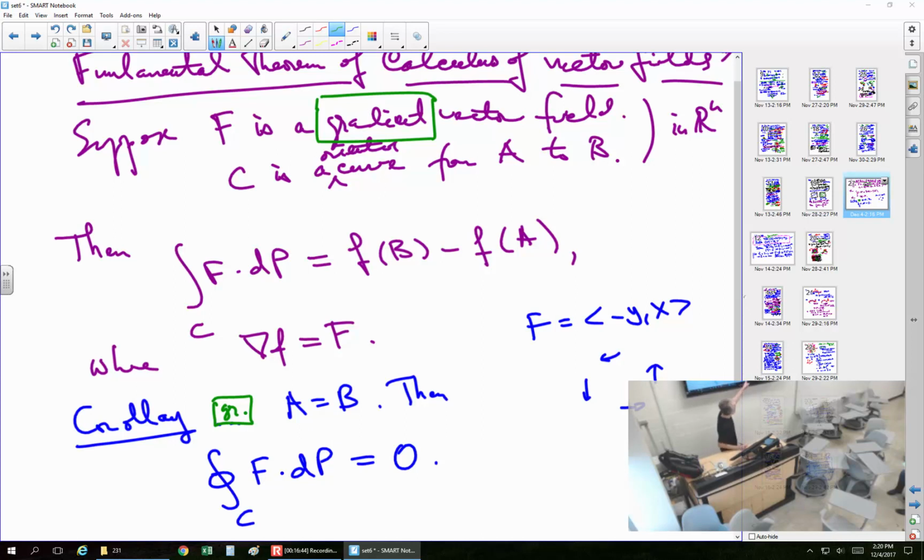Naturally, look at our rotation vector field. There is no way we're going to take a round trip and end up with zero. The work will not cancel out. You can walk against the wind, make a round trip, and walk all the way against the wind, and perform positive work or negative work at every time.